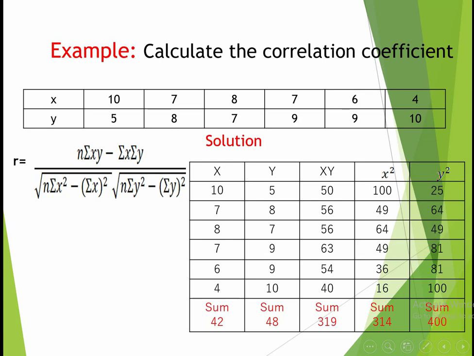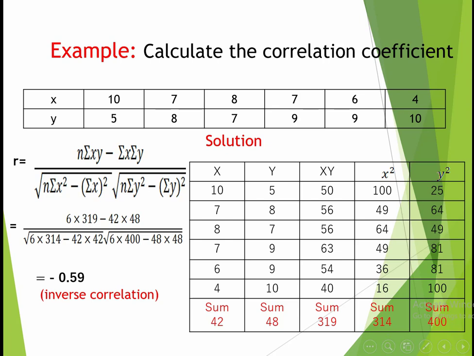By substitution, n is replaced by 6, sum xy 319, sum x 42, sum y 48, and under the root, 6 times 340 minus 42 times 42, because it's sum x all squared, and similarly for the other root, 6 multiplied by 400 minus 48 times 48.